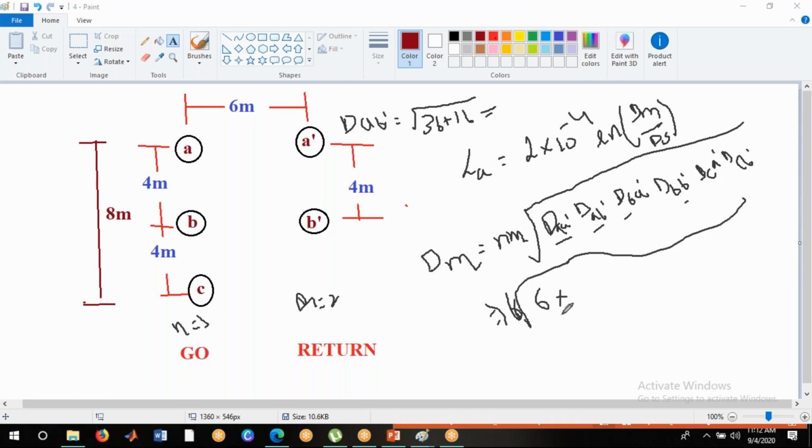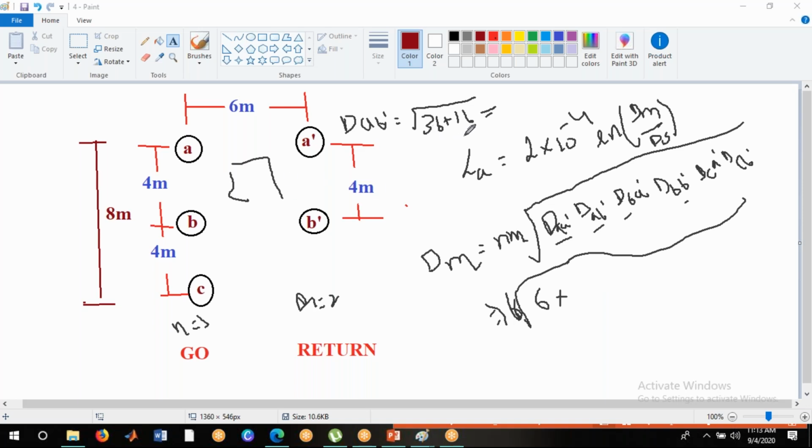Square root of 36 plus 16. You can't add directly, 6 plus 4, to do this, because these are not connected in series. When you have an L shape or a shape like this, you have to use it this way: square root of the distance from here to here squared plus from here to here squared. So that is the difference between this type of parallel conductors and series conductors.